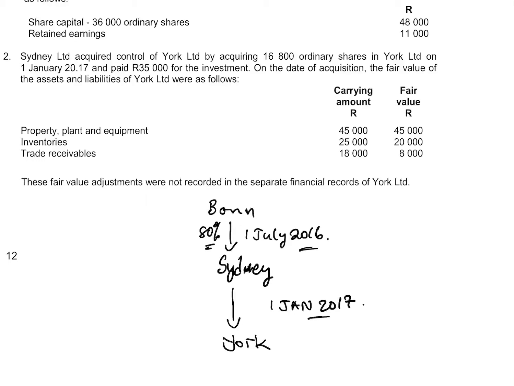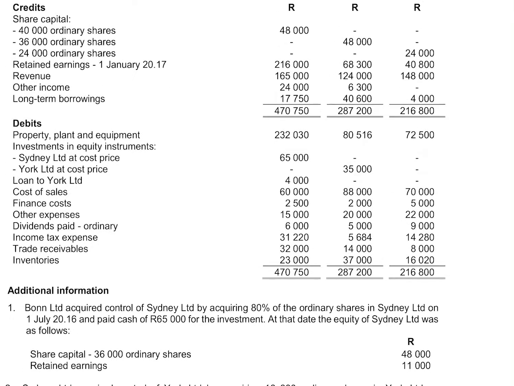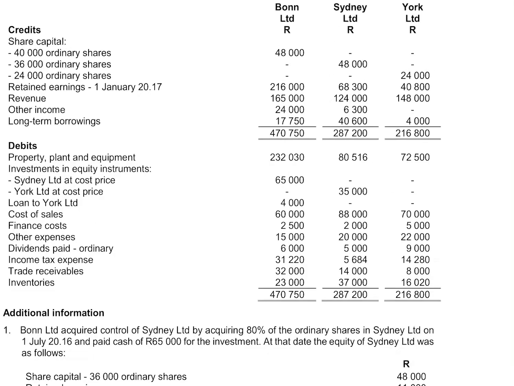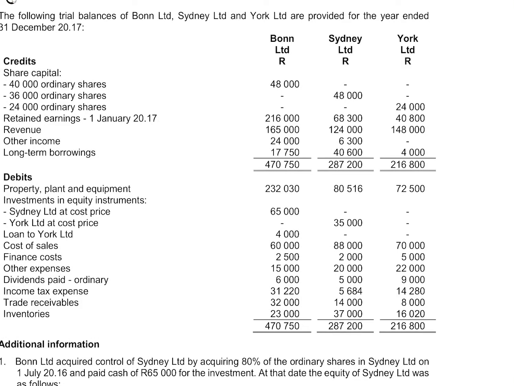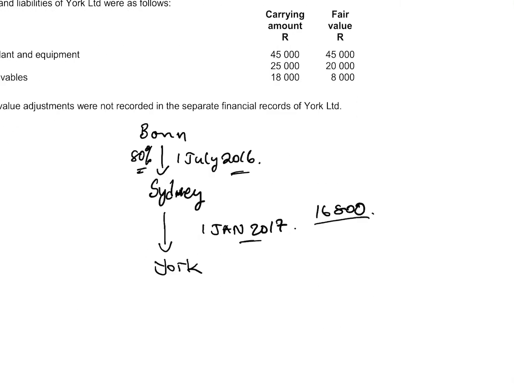Right, so on the acquisition date, the fair values of that, we have to check the percentage. They bought 16,800 shares. We check how many shares York Limited has. York has 24,000, so it will be 16,800 divided by 24,000, which gives us how many percent?